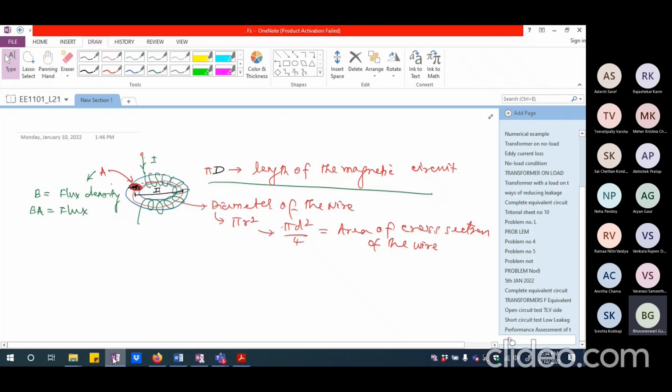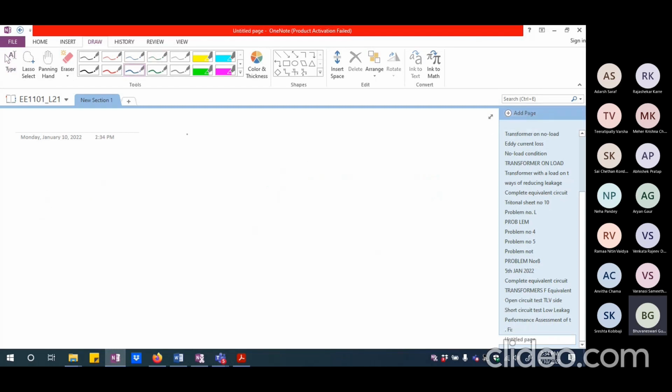So last class we had looked at how to determine the equivalent circuit parameters of a transformer. So just to reiterate, let me draw the equivalent circuit of a transformer.